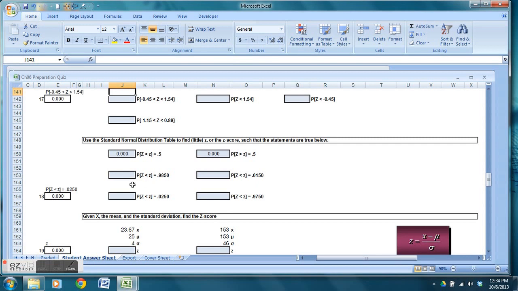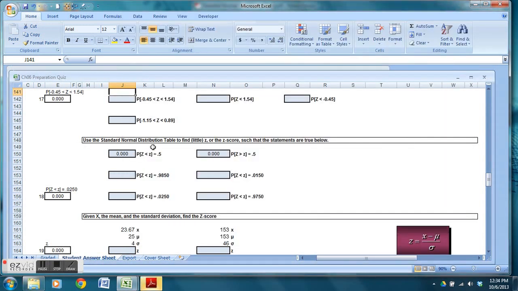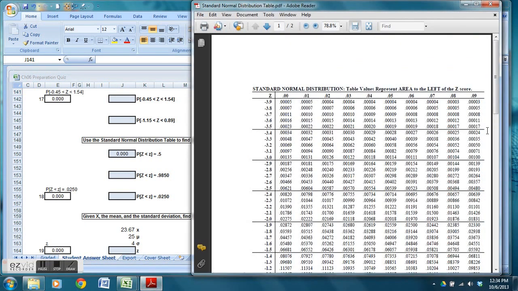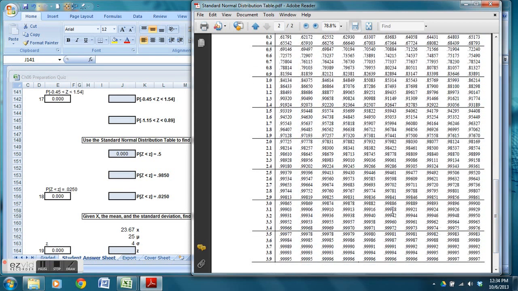Alright, so what is the z-score such that a standard normal variable being less than that z-score has a probability of 0.9850? We simply go to our standard normal probability table, and we find the 0.985 probability. Right there.